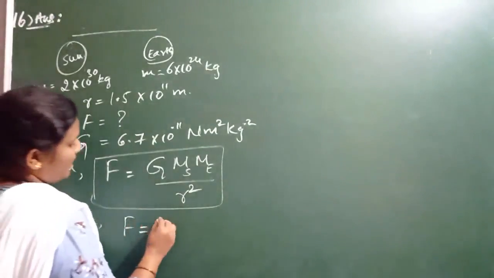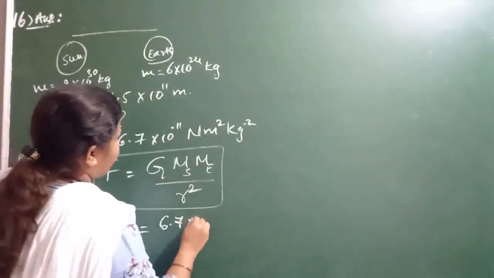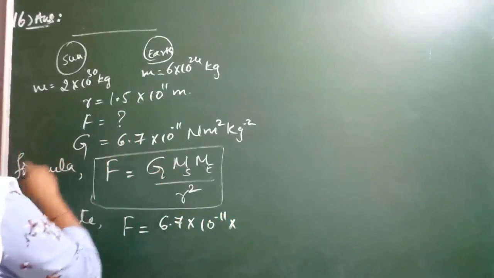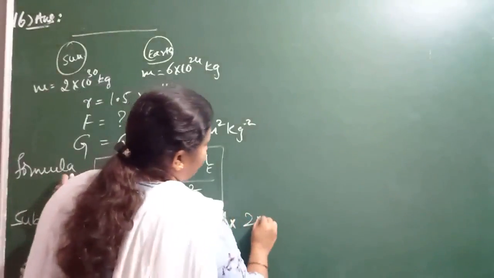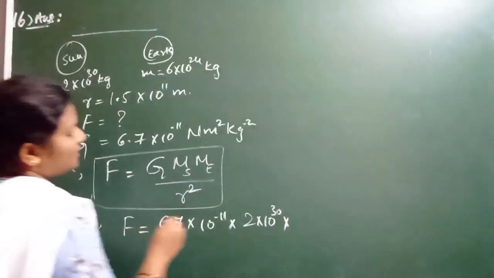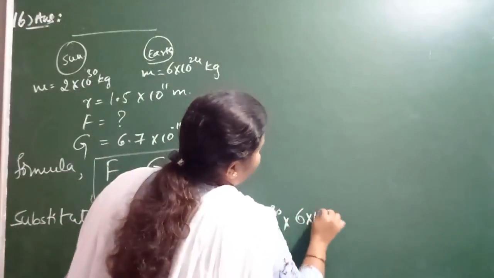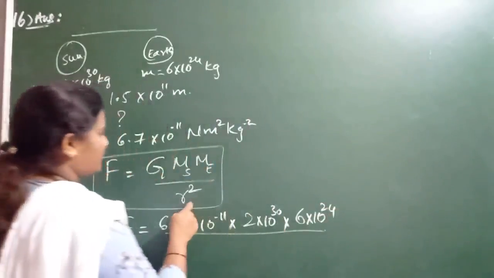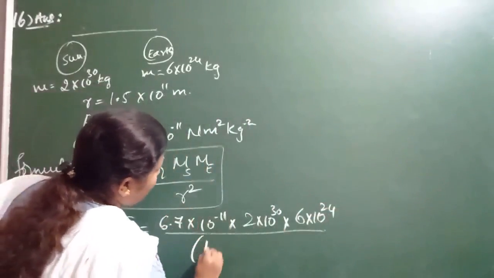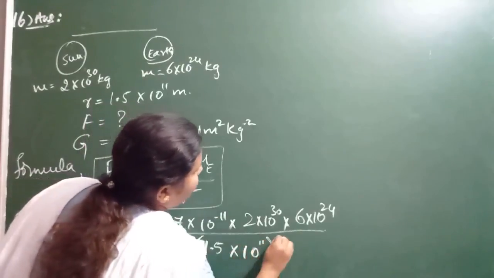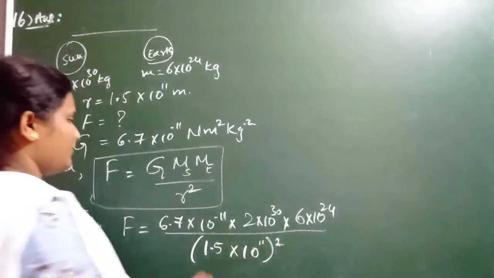Now substitute the values. 6.7 into 10 to the power of minus 11 into, what is the mass of the sun? 2 into 10 to the power of 30 and that of earth 6 into 10 to the power of 24, whole divided by, what is the radius value, children? 1.5 into 10 to the power of 11 whole square, isn't it, children?